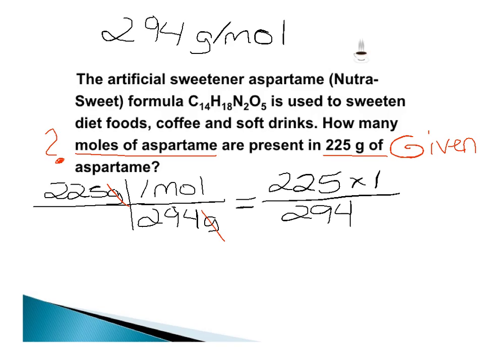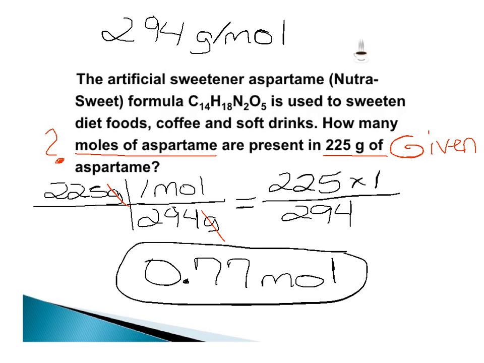Once we put that in the calculator, it comes out to about 0.77 moles of the aspartame. And that would be our final answer. And again, if you were using the mole island, we started out on mass island. So in order to go back to mole island, this is the conversion factor we had to use.